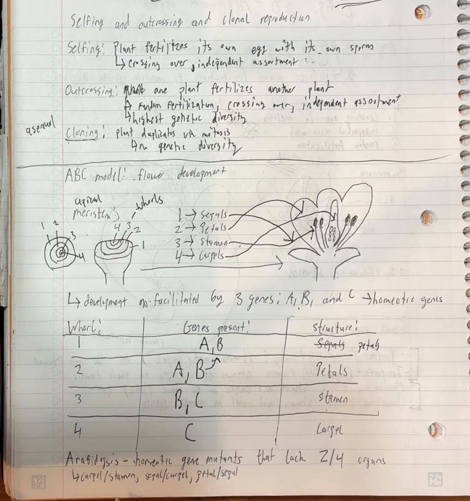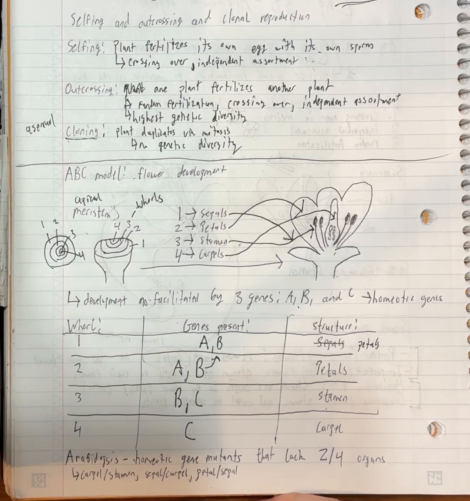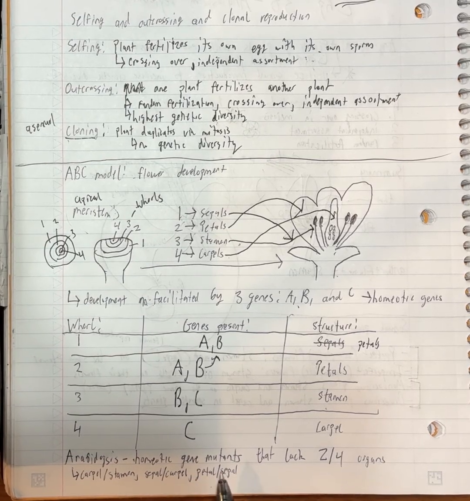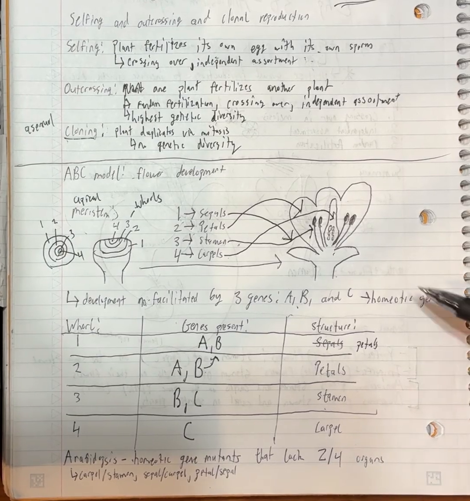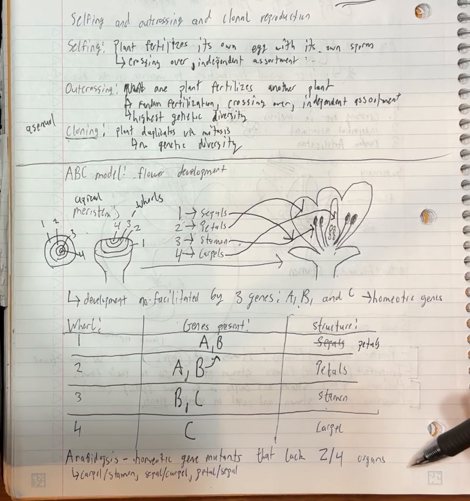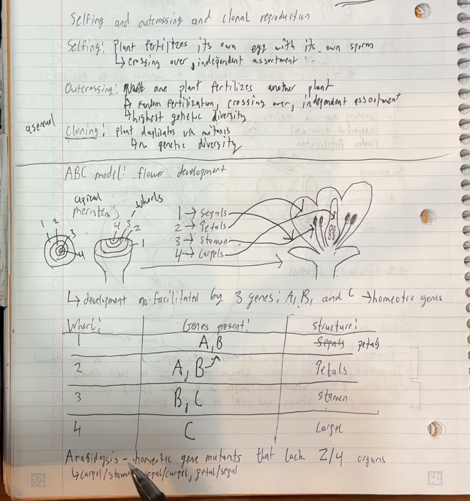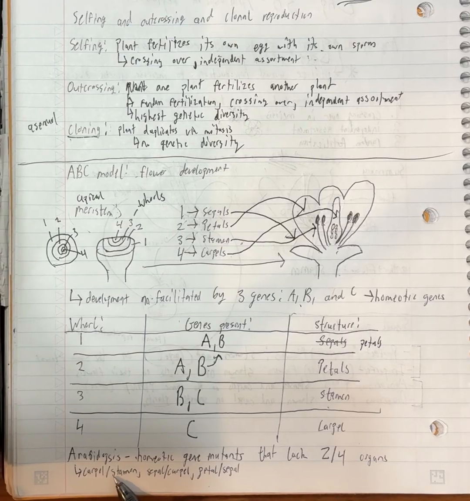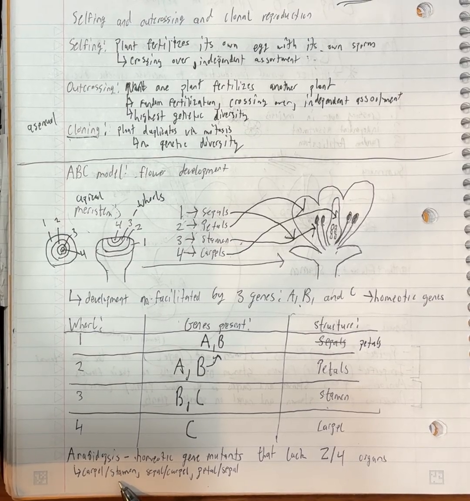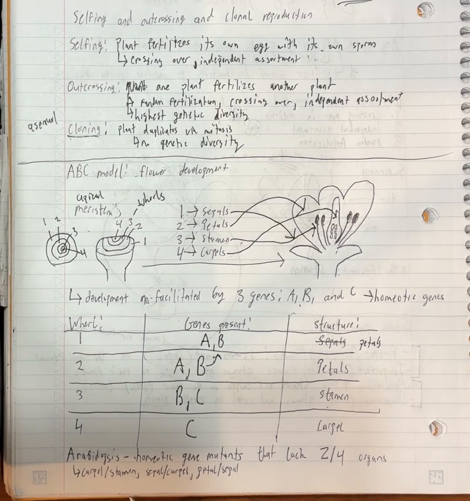And so the way that arabidopsis works is it just worked out that all of these gene mutants resulted in 2 of the 4 organs not being expressed. So when you have arabidopsis, you are expressing one of these 3 phenotypes. You just have carpels and stamens, which means you're lacking sepals and petals.